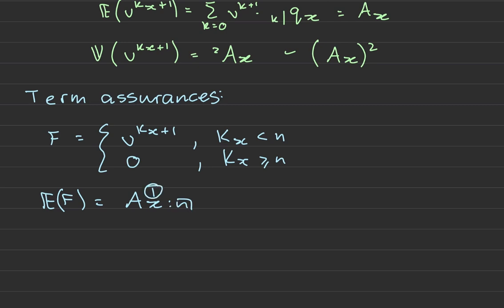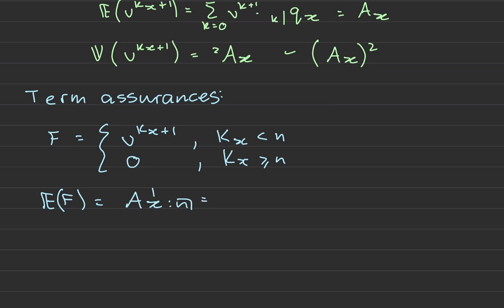And I put this line on top of the x to show that they will only get paid out if they die within n years. So once their lifetime from now exceeds n years, I'm no longer going to pay them. Okay, so I've got the line on top there to denote that it's a term assurance contract. I only pay them on death during the term.